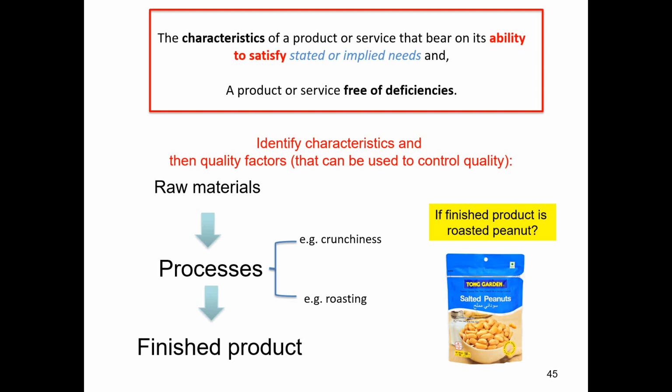After the roasting process, there could be some kind of measurement to check whether the roasting process has been completed and you will achieve the crunchiness attribute. Maybe you're also careful about the relative humidity, the state of the manufacturing, i.e. maybe the hygiene aspect, etc. So the quality factors have to be controlled in order to achieve the characteristics of the peanuts.